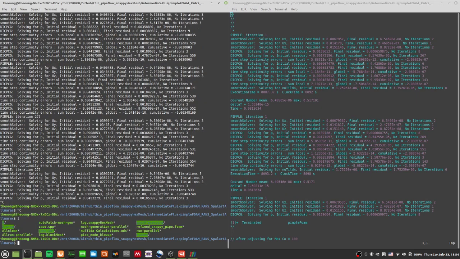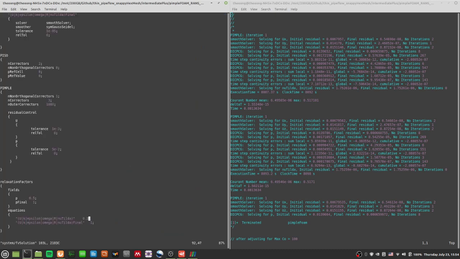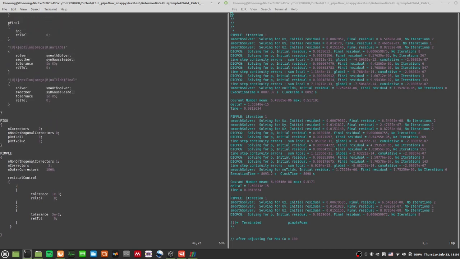All right, so what can we do? Very simple. We can go to fvSolution and change a few things. We can change the equation relaxation factor, and that may help. The other option is of course to reduce the maximum Courant number back to 10.